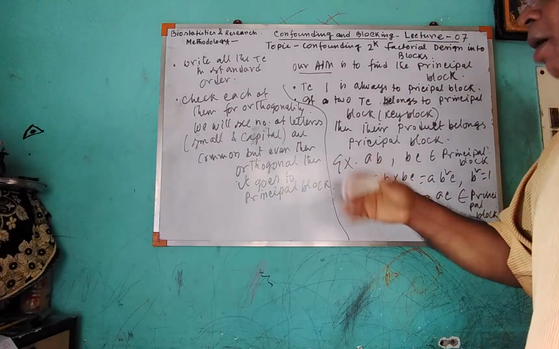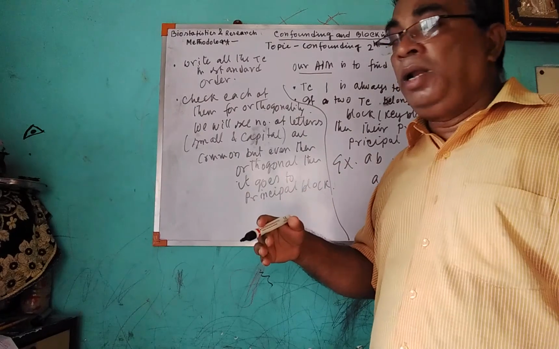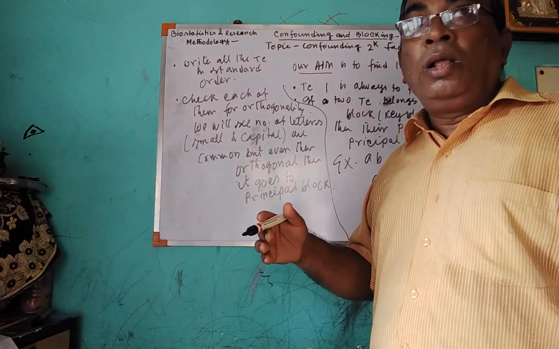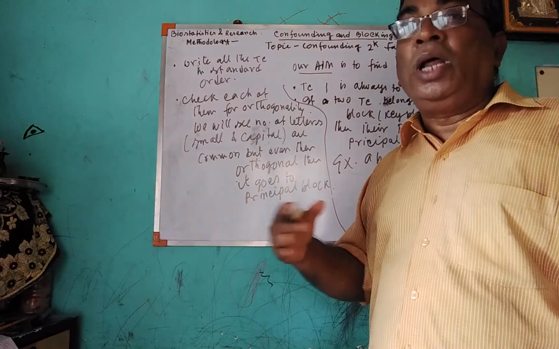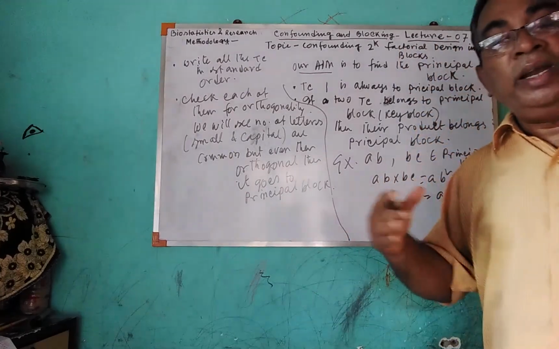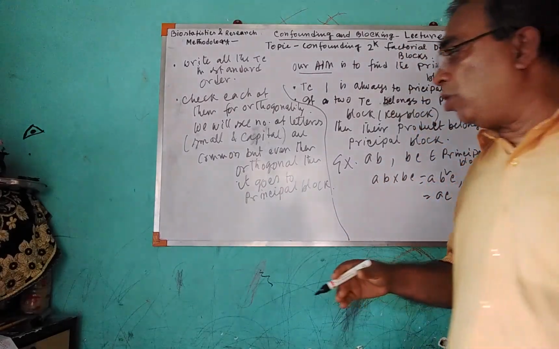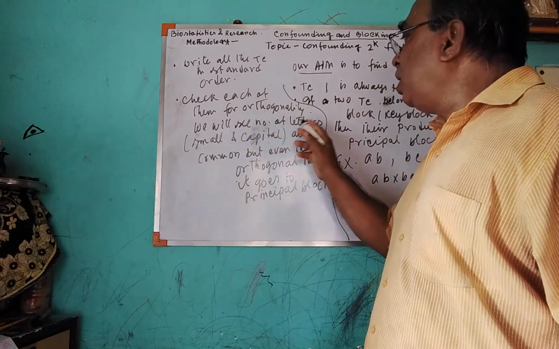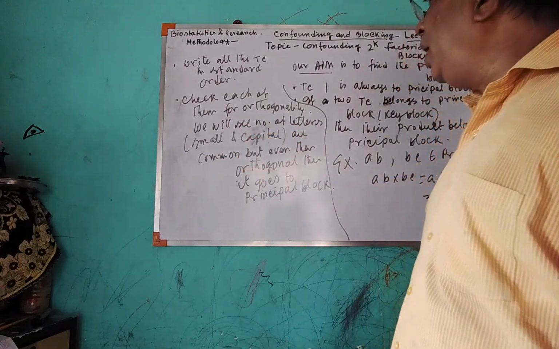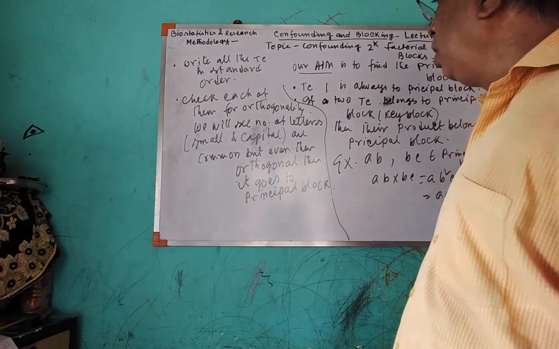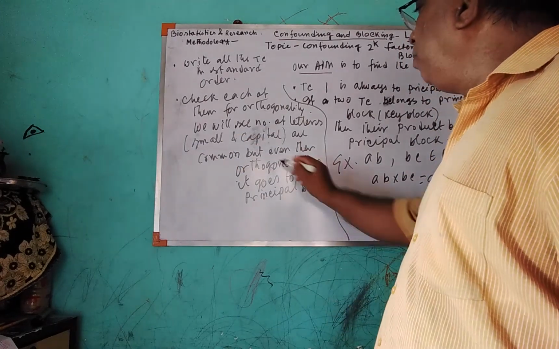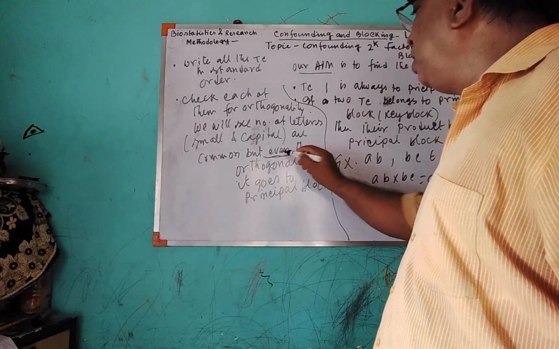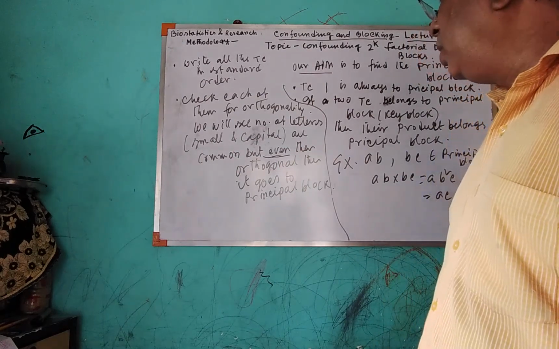That means you have to check all treatment combinations one by one, whether each is orthogonal or not. If it is orthogonal, then it goes to the principal block. How? We see the number of letters, small and capital, that are common; if even, then orthogonal. This is very important.